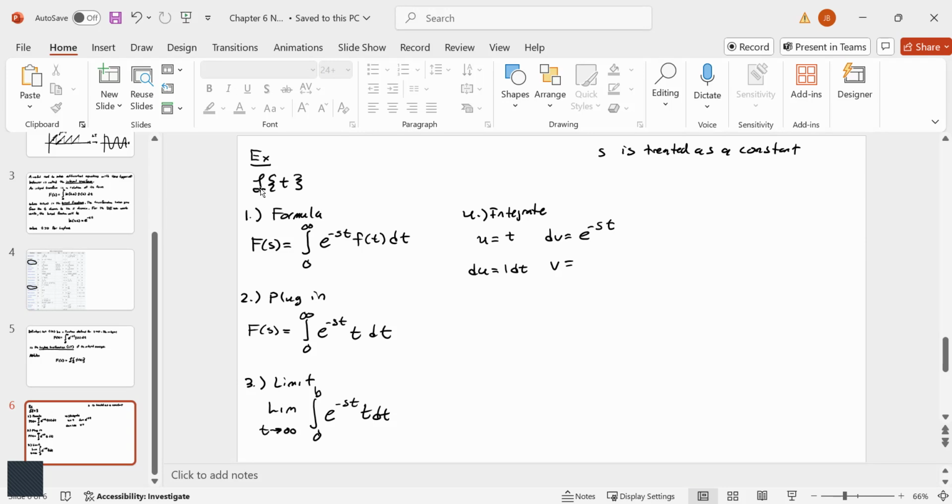So the integral would be e to the negative st over negative s, and don't forget dt on this one. Now, why is it 1 over negative s? It's because the integral of e to some constant times t is just 1 over that constant. In case you forgot, the integral of e to the kt dt is 1 over k e to the kt. Just as a reminder.